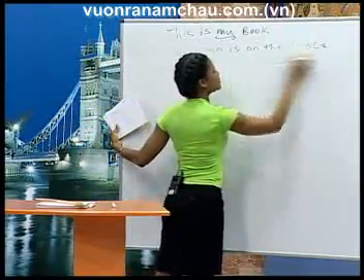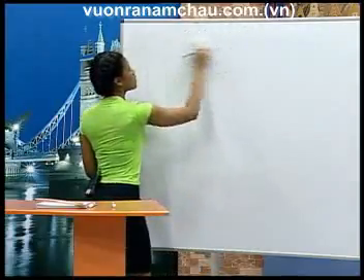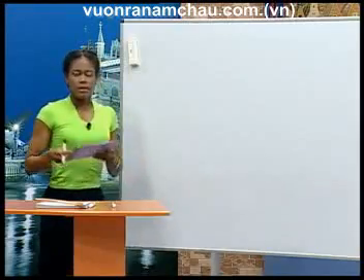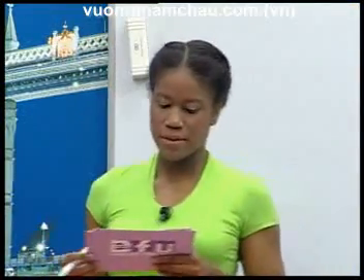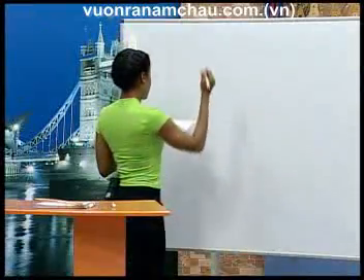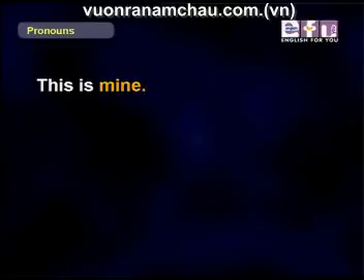Now, what's next? Next on the chart, possessive pronouns. Now, possessive pronouns are like possessive adjectives, except they don't need a noun after, because they are the noun. Talking about ownership. Okay? This is mine.